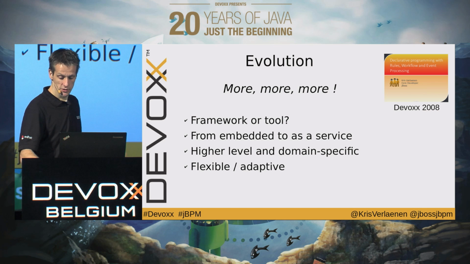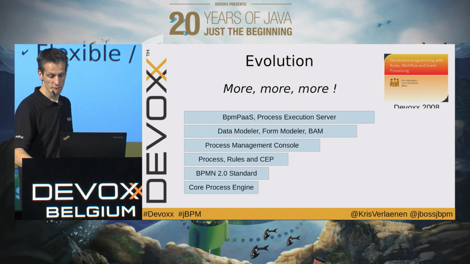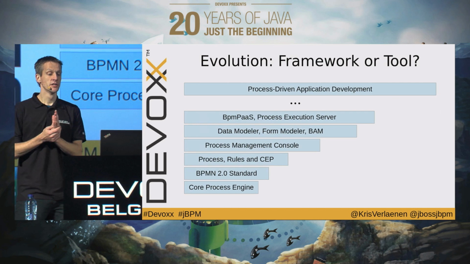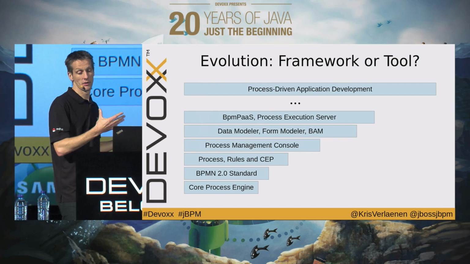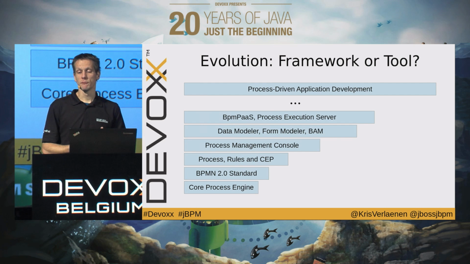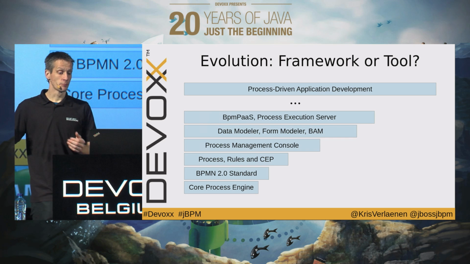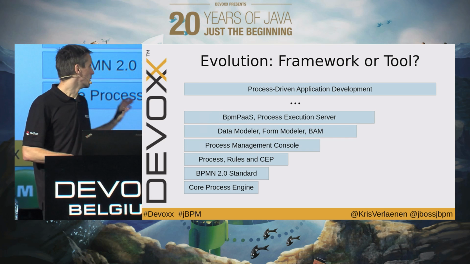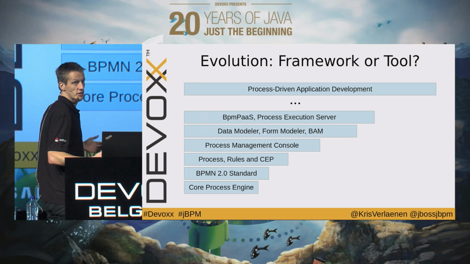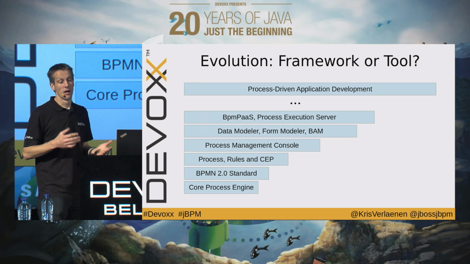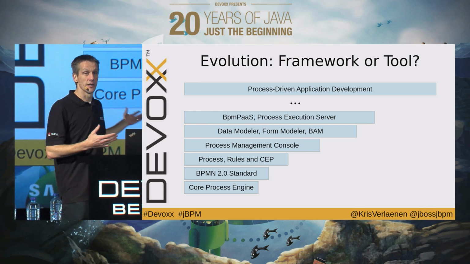So I'll start with these evolutions, and the first one is how BPM, or at least our project, evolved from being a framework to a tool. Our strengths, I mean, the project itself started as a process engine, a core process engine, and it's still there.